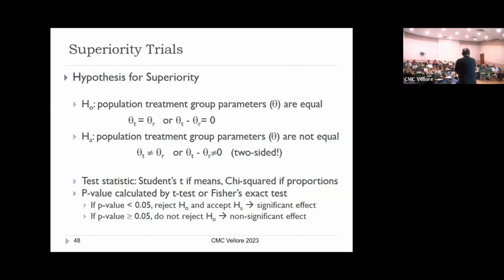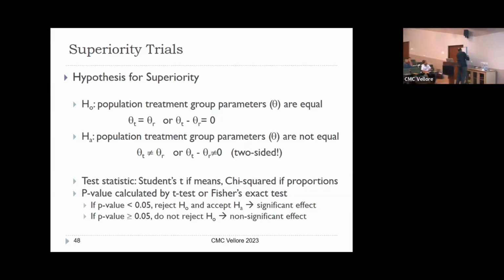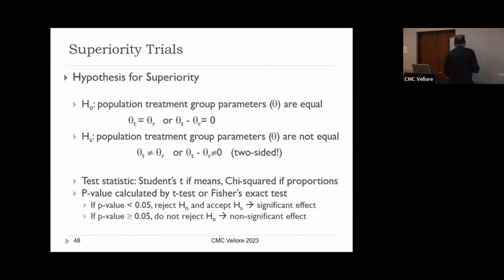Two-sided means that if I was doing this in bell-shaped, normal distributions, then let's say that currently we're over here, and this is the difference. So we're saying the difference between the distributions is centered at zero. And now I'm going to reject if I get some difference that's way up here, or if I get something that is way down here.